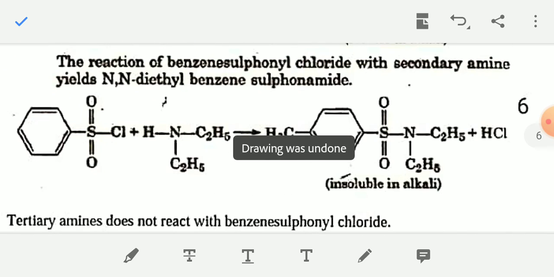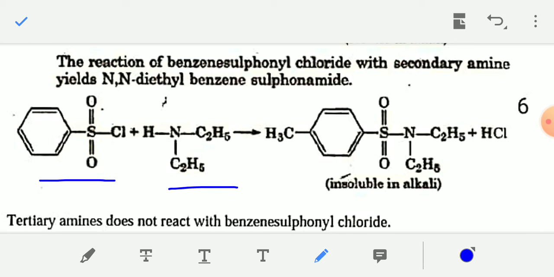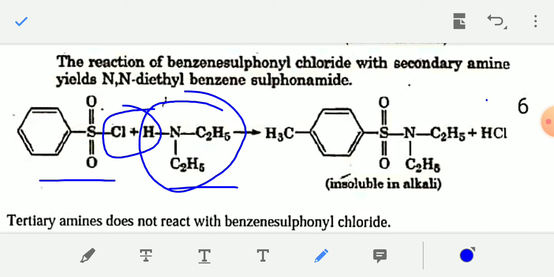But if benzene sulfonyl chloride reacts with a 2-degree amine, this is a 2-degree amine, N-ethyl ethanamine, a similar reaction will occur. One HCl molecule will be removed, and it will be converted into a product insoluble in alkali. It will be converted into N,N-diethyl benzene sulfonamide, which is insoluble in alkali.